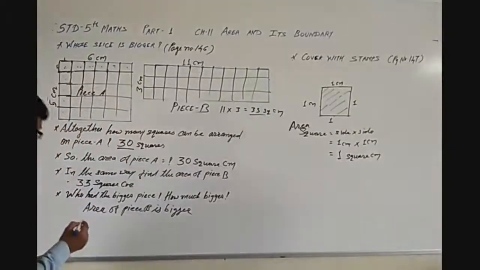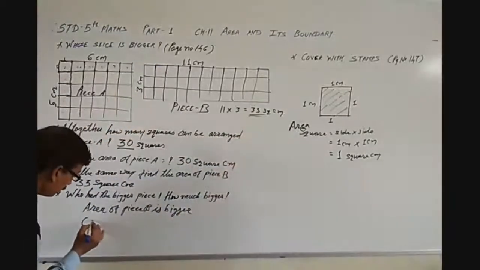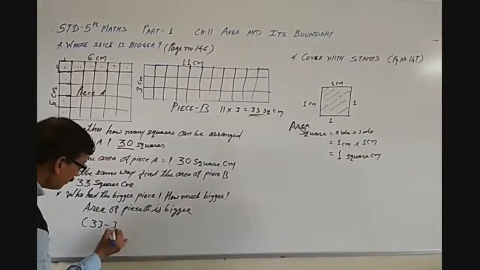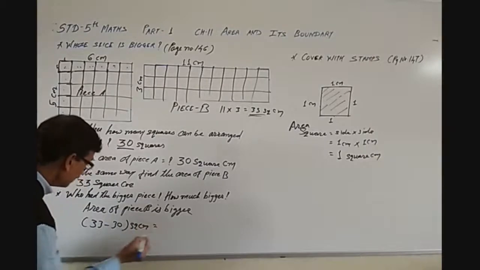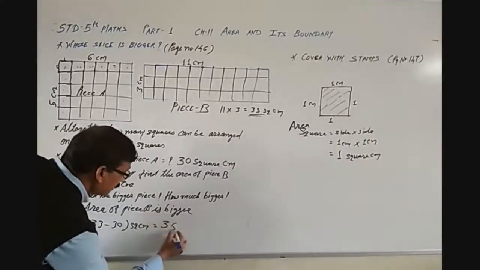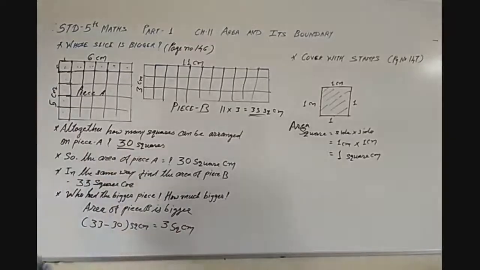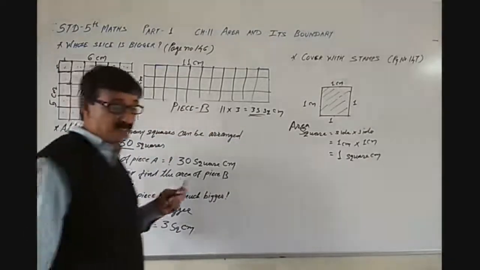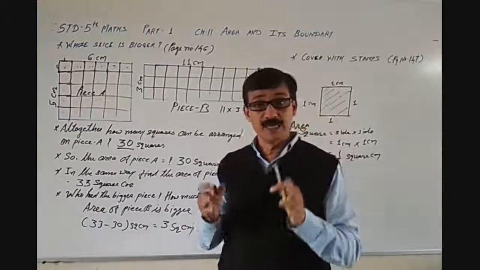Then we should deduct: 33 square centimeter minus 30 square centimeter is equal to 3 square centimeter. So the area of piece B is 3 square centimeter bigger, isn't it? How much bigger? 3 square centimeter.